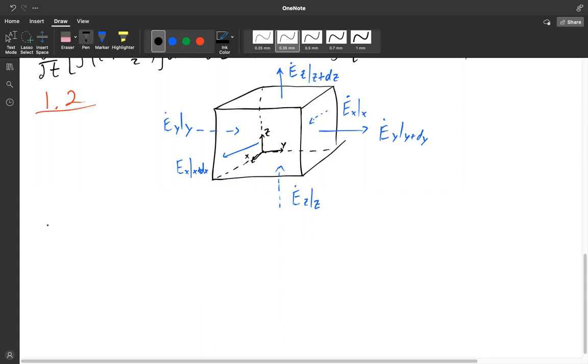So, with our control volume here, we can say that the inlet energy is the following.